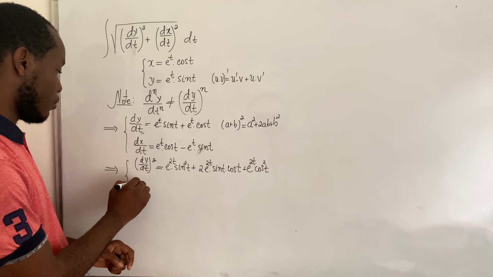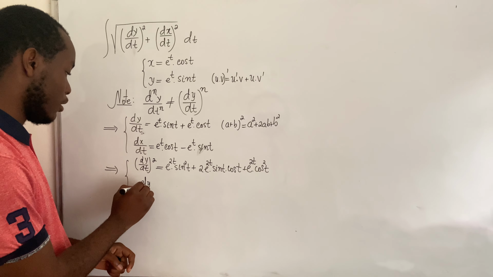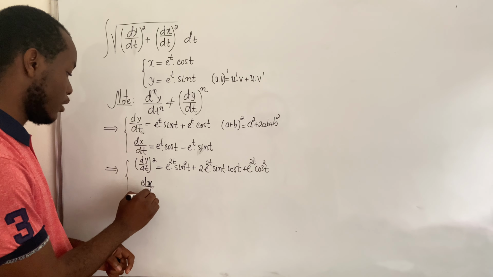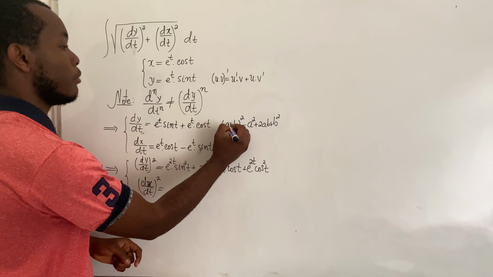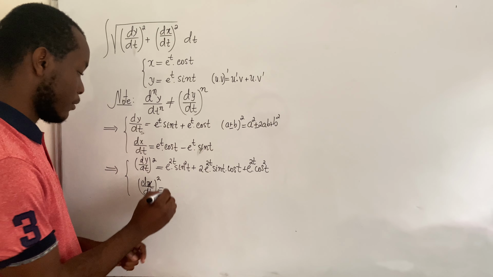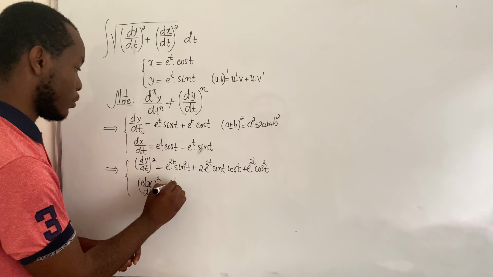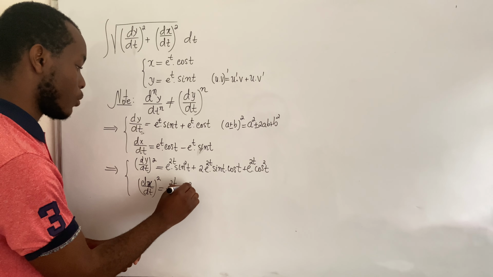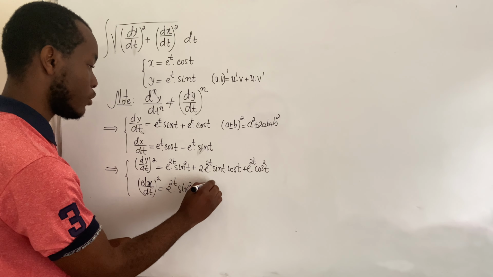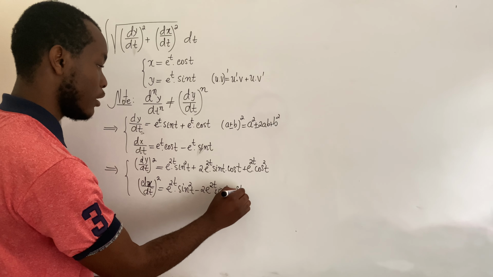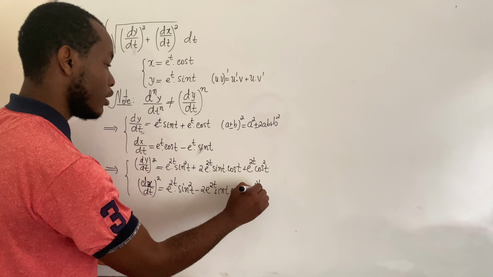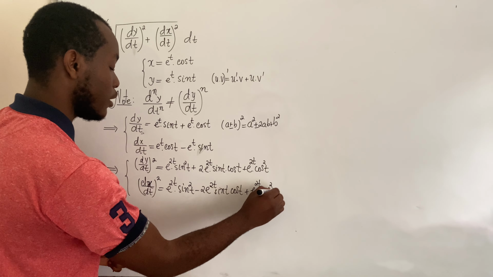Now for the second one, we have dx over dt all squared, which will be similar, but this one has the negative. So we'll have Euler to the power 2t sine squared t minus 2 Euler 2t sine t times cos t plus Euler 2t cos squared t.